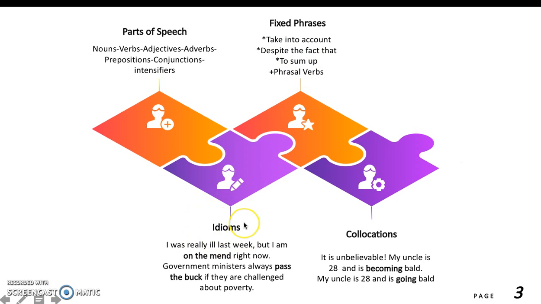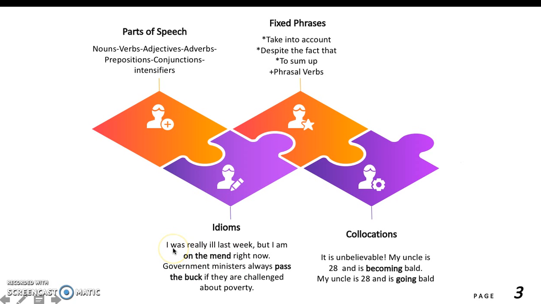Idioms are expressions which have a meaning that is not obvious from the individual words. Sometimes when we face an idiom, we must try to analyze the context in order to guess the meaning of the idiom or the whole phrase.